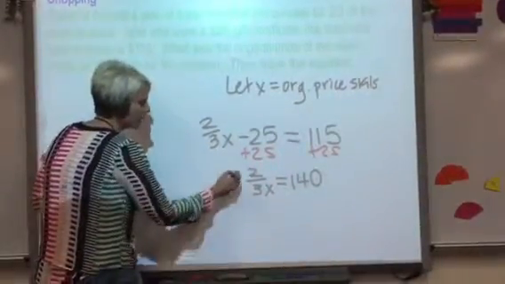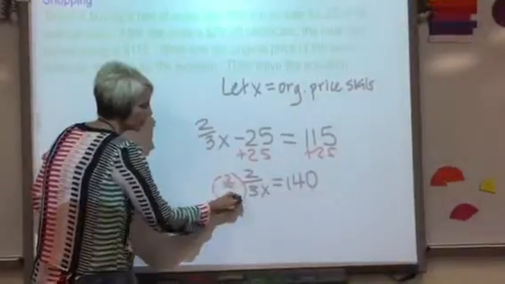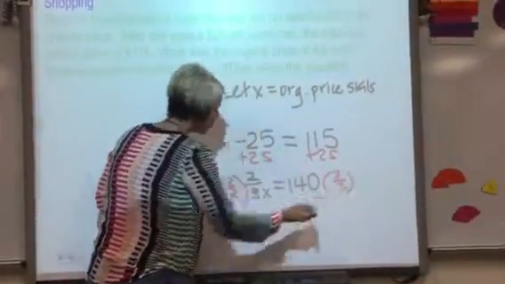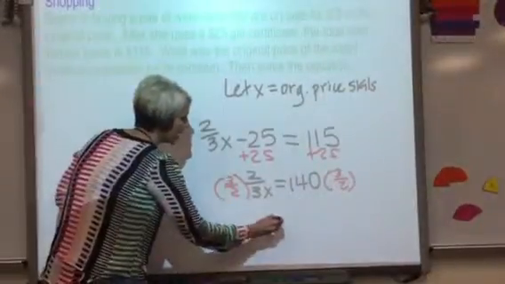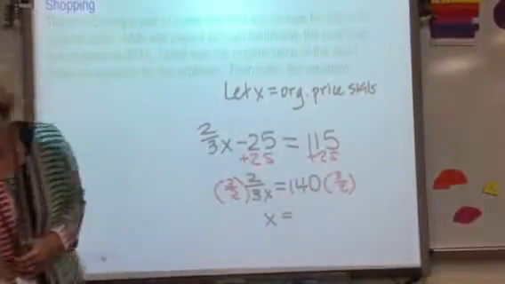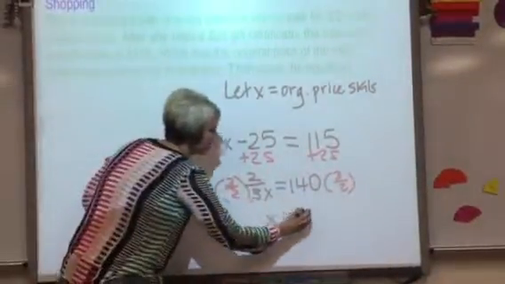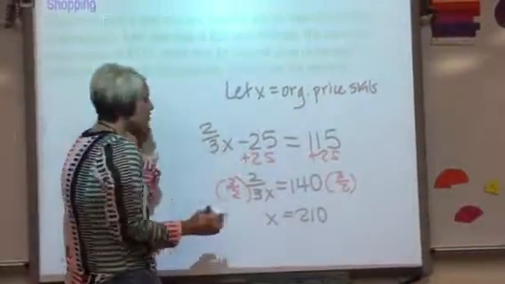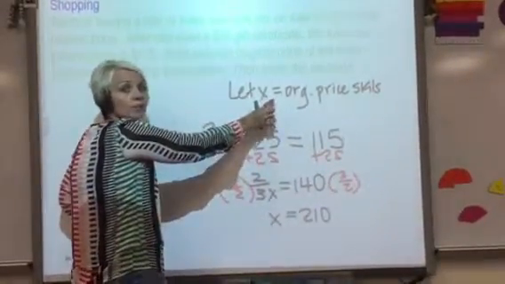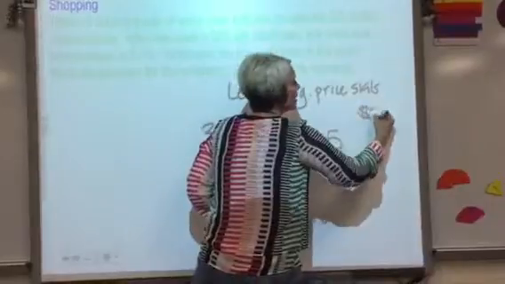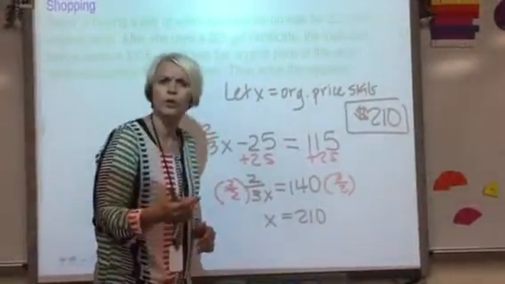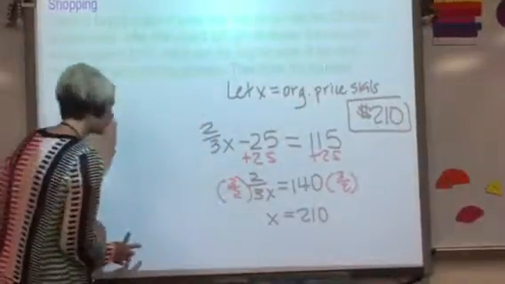To get rid of a fraction, we do the inverse of the fraction, which would be multiplying by its reciprocal. So we multiply by 3/2 over here. If you have a calculator handy, you can do 140 times 3/2, and that would give you 210. When you get that 210, we look back to see what that was. Oh, that's the original price of the skis. So then we can give it a label, and now we know that we are done. And you'll do another real-world example on your own.